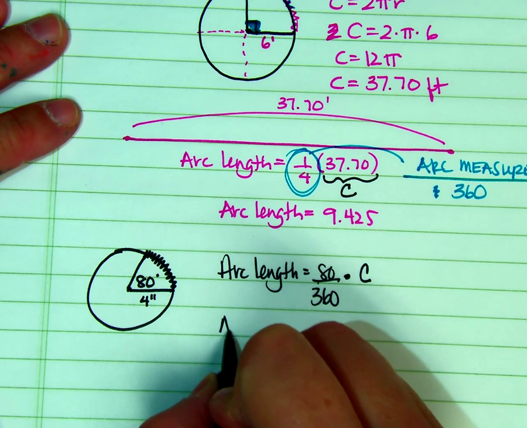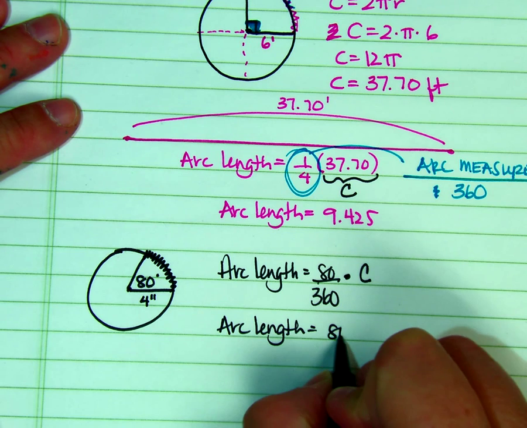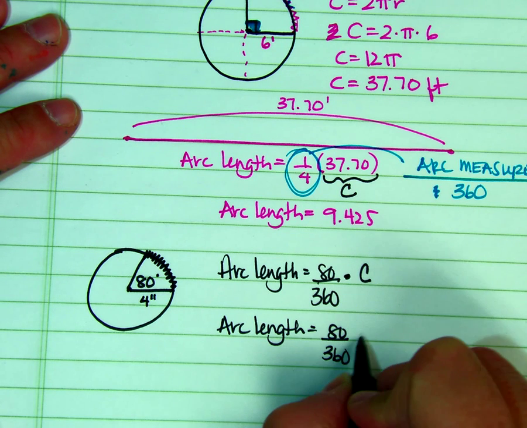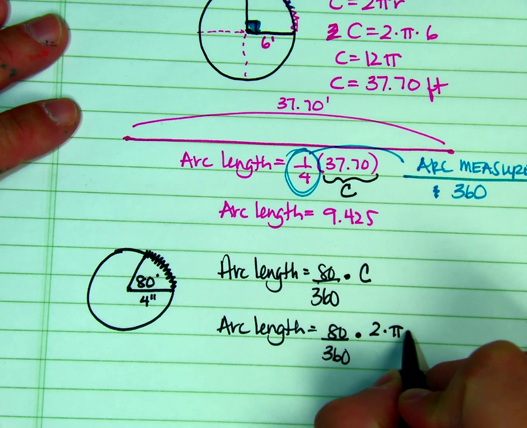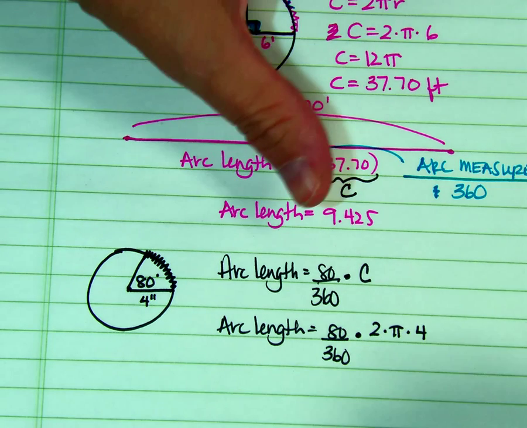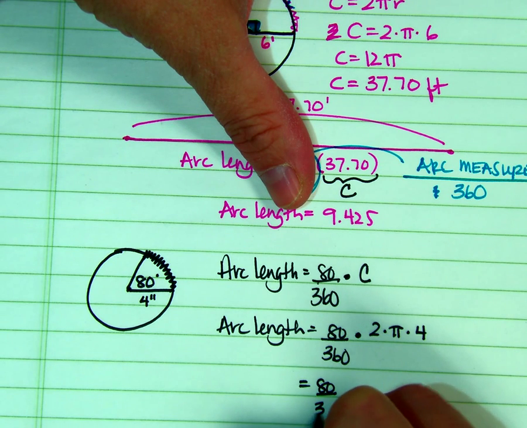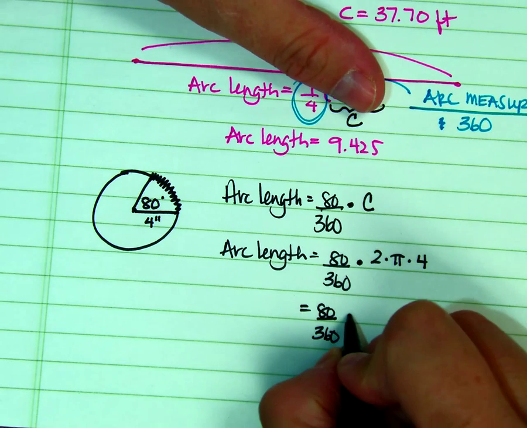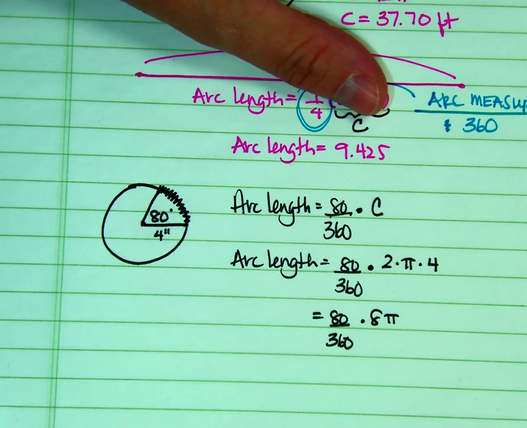So I have my arc length equals 80 over 360 times my circumference is 2 times pi times my radius of 4. So I get 80 over 360 times 8 pi. I could chuck all that in my calculator.